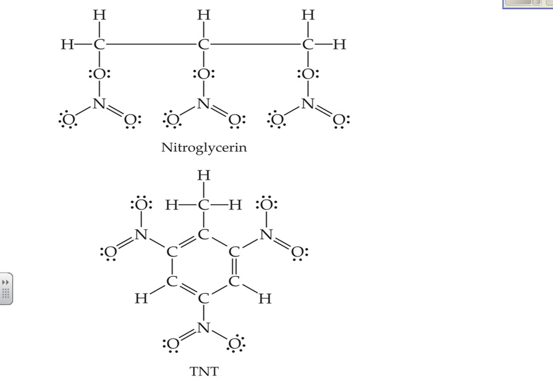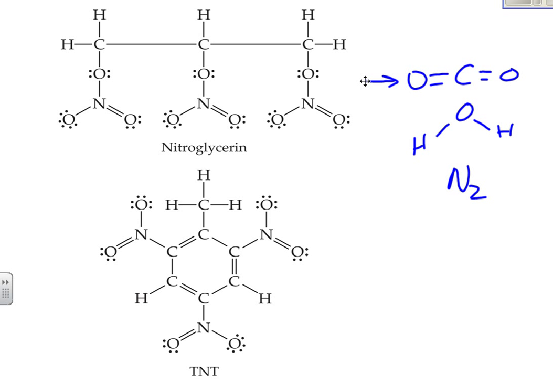It's kind of fun to apply this to a couple of explosives. So in the top picture we have nitroglycerin. Notice that the explosions are just combustion reactions. So remember, combustion reactions are going to produce carbon dioxide, CO2, water, and in the case of these, we're also going to produce nitrogen, N2.